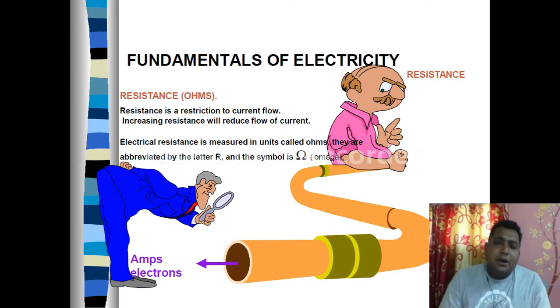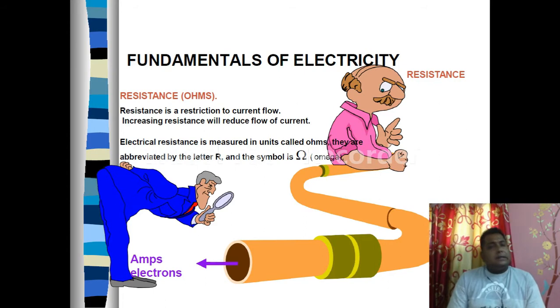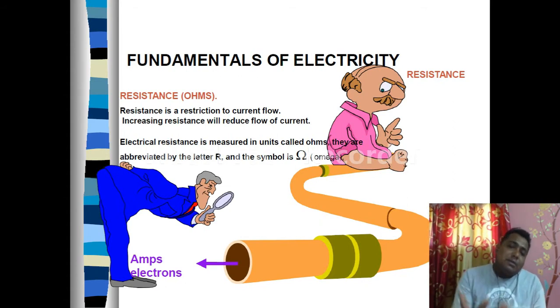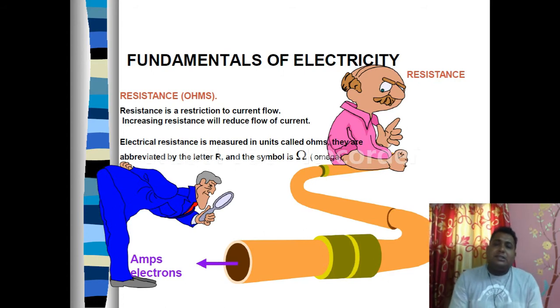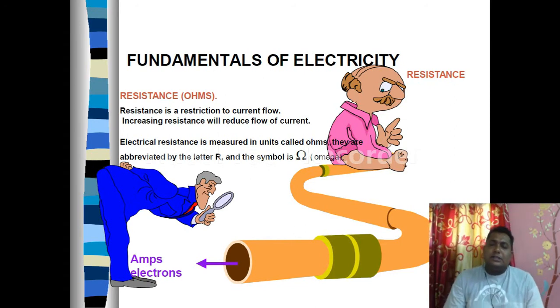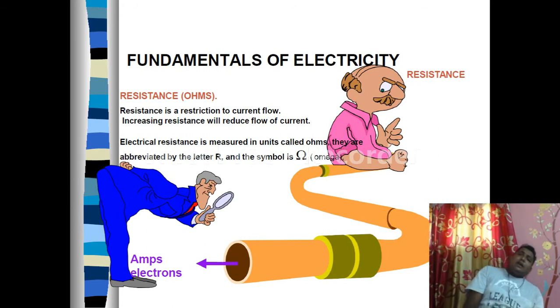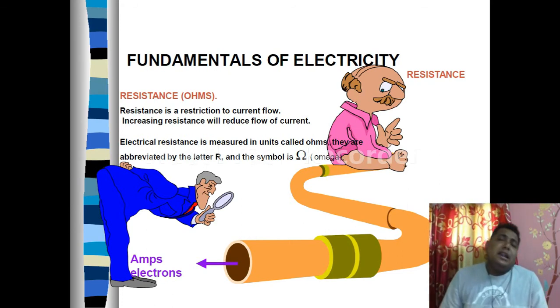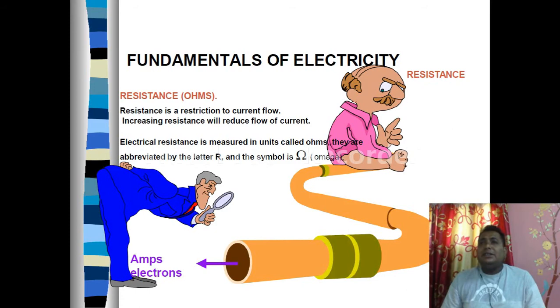There will be opposition to the flow of water or oil, and if we give higher opposition to the flow, there will be a lesser amount of output from that system. That man is opposing the pipeline, so no electrons are flowing through the system, so there is no electricity in the system. This picture depicts the nature and behavior of a resistance.